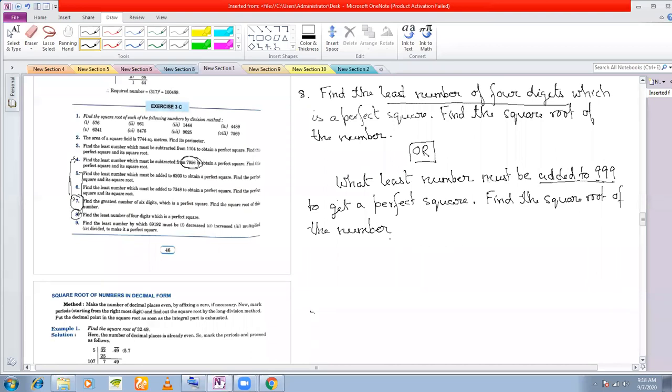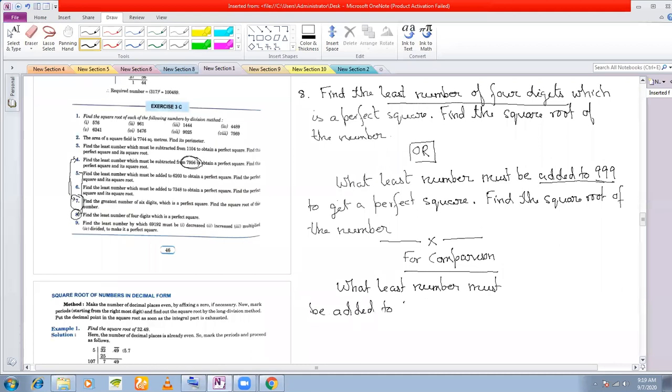Now before attempting this, let us draw a small comparison. I give you a question. What least number must be added to 23 to make it a perfect square?